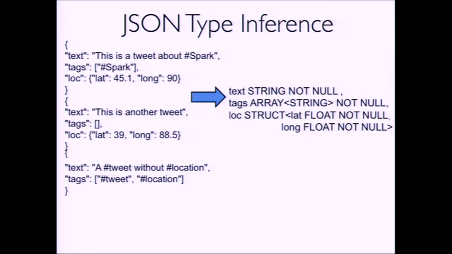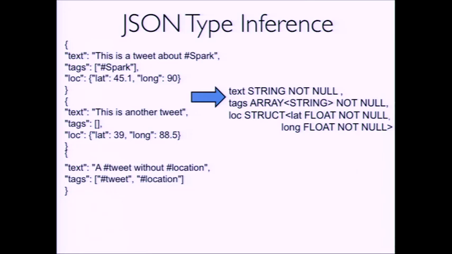Every example I've seen has a text field. I've got tags, and that's going to be an array, because when I saw it, in all these 3 places, it was an array, and that's not allowed to be null. And then location is a structure that's got 2 floats, a lat and a long. It just learns that from looking at examples. And sometimes it's wrong. That's the big data world versus the traditional relational database world.